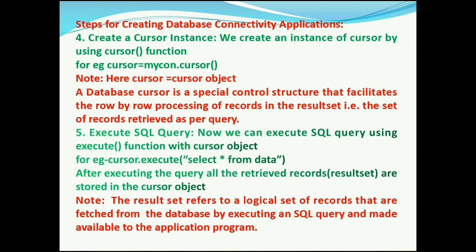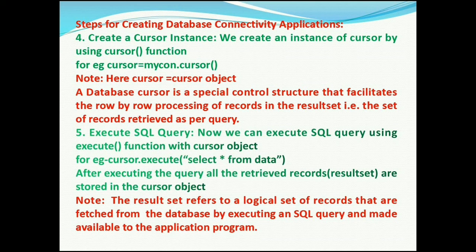Now we have to create a cursor object by using the cursor function. The syntax will be cursor object is equal to connection object dot cursor. In our case, cursor is equal to mycon dot cursor.